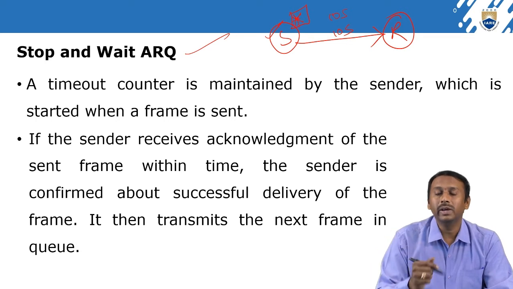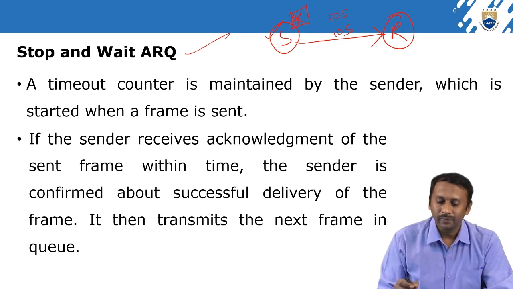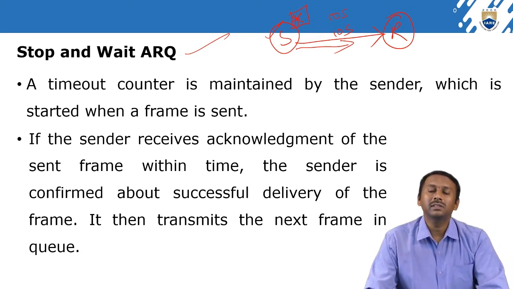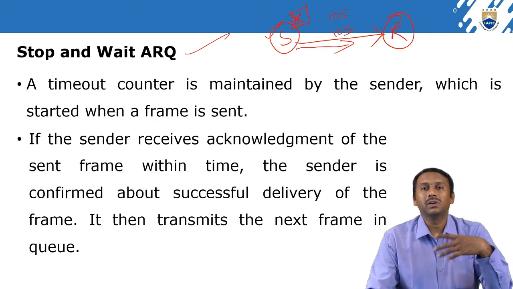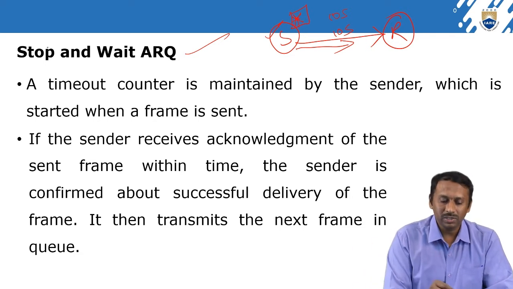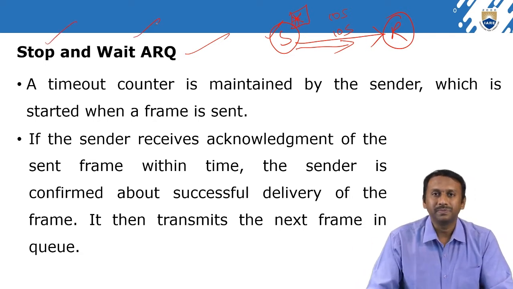If it does not receive any acknowledgement, what will happen? The sender retransmits the same data frame again. Why? Because the sender thinks that the data was not received by the receiver, maybe the data was lost. That is the reason the sender will retransmit. That is why it is called stop and wait.